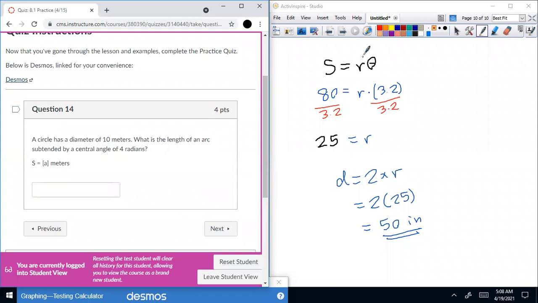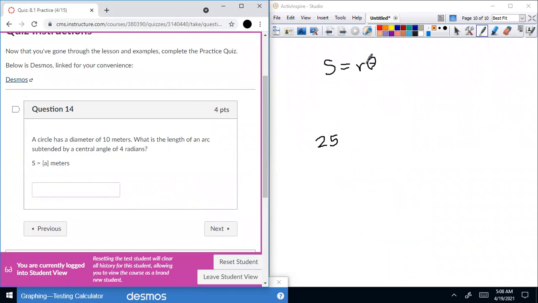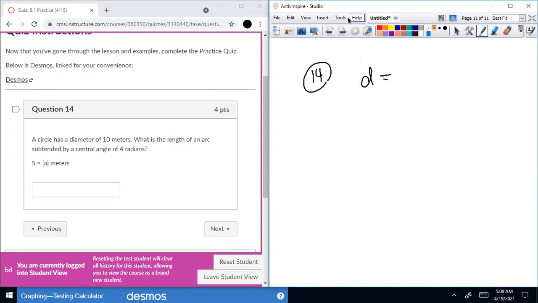All right, 14. Circle has a diameter of 10 meters. What is the length of an arc subtended by a central angle of 4 radians?